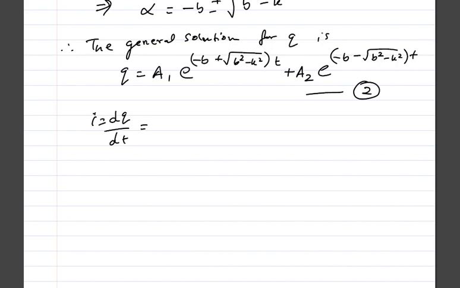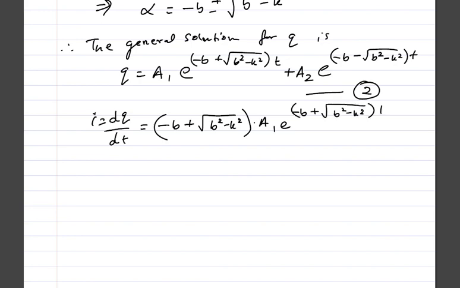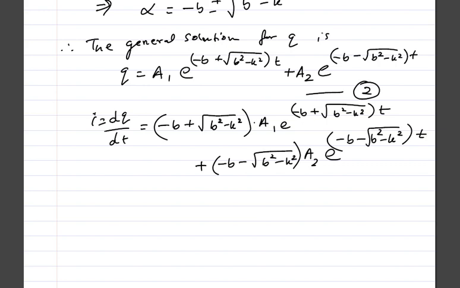Just differentiating, we get minus b plus square root of b squared minus k squared, that is alpha, into A1 e to the power of minus b plus square root of b squared minus k squared into t, plus minus b minus square root of b squared minus k squared into A2 e to the power of minus b minus square root of b squared minus k squared into t.